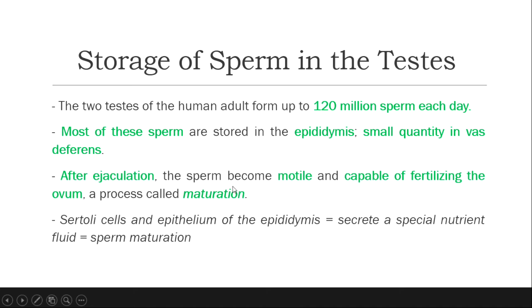Tinatawag yun na sperm maturation. Sinabi ko na yun kanina through the process of spermatogenesis. Okay? And then also, the Sertoli cells, saka yung epithelium ng epididymis natin, they usually secrete a special nutrient fluid that will eventually cause the sperm to mature.